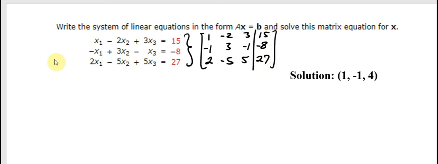Okay. So we get a 1 at A11. You already have that. Use A11 to get zeros below. So we simply say row 1 plus row 2, and then negative 2 times row 1 plus row 3.